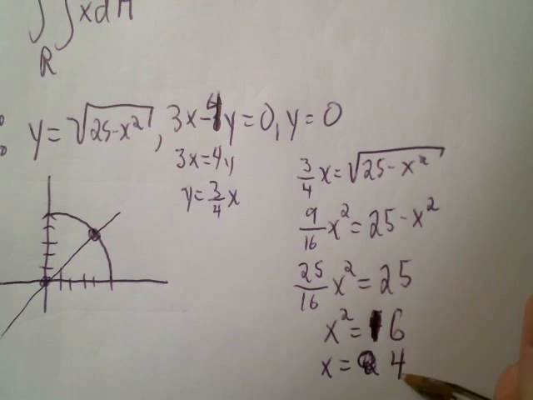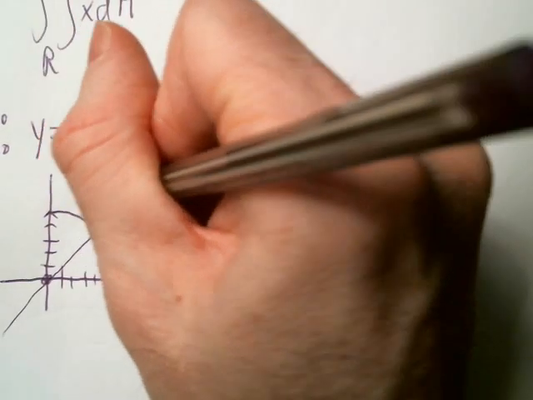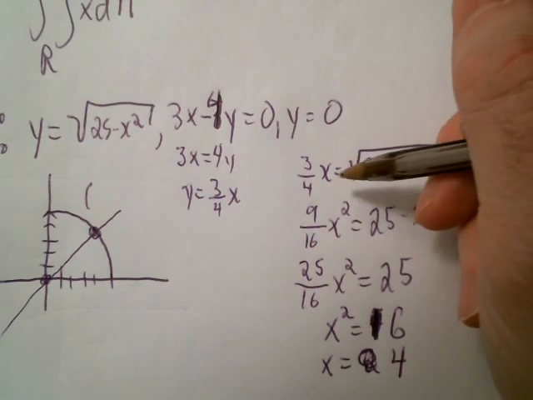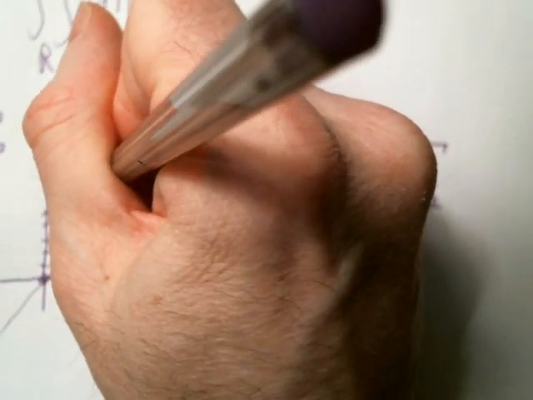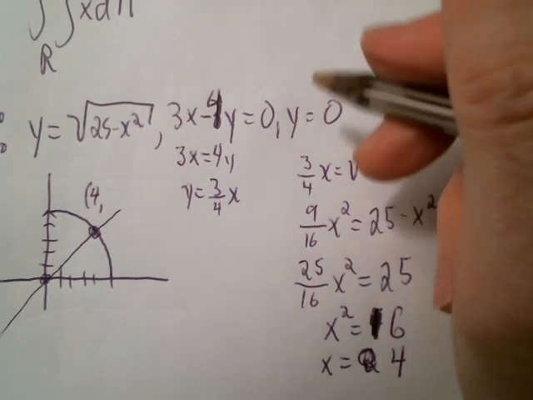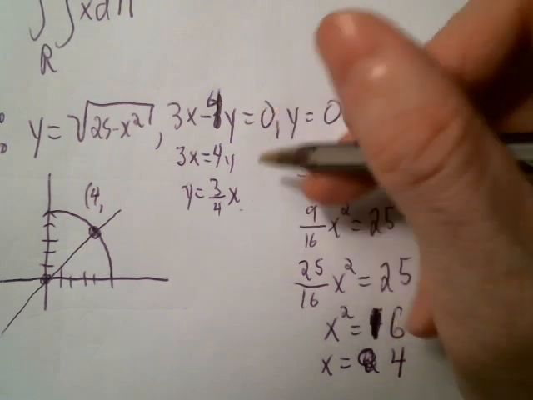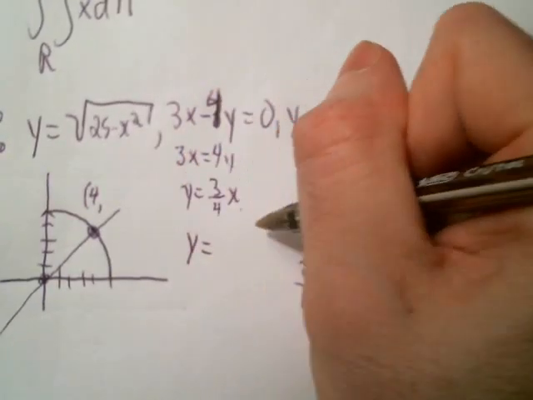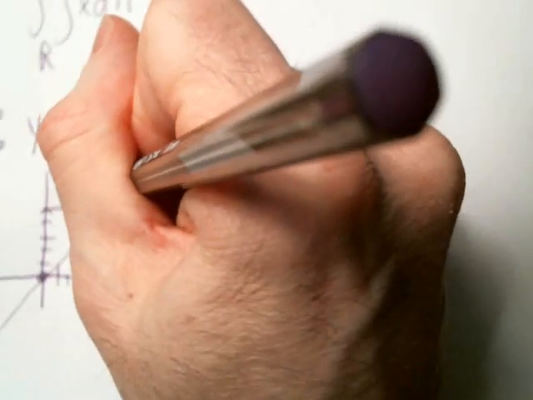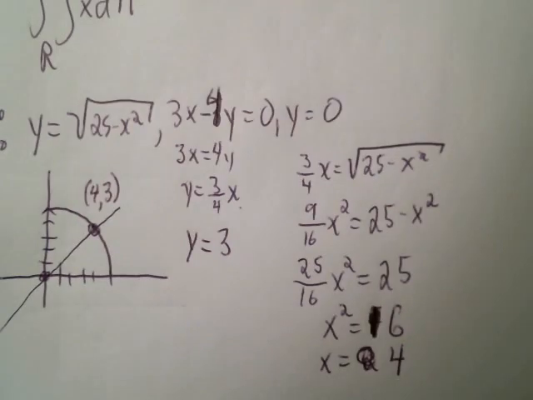And then to get the other coordinates, we're going to need them both because we're doing both orders of integration. So this coordinate is 4. And then comma, I got to plug in 4 into this equation and get y. y equals 3/4 times 4 is just 3. Okay, so the point is (4, 3).